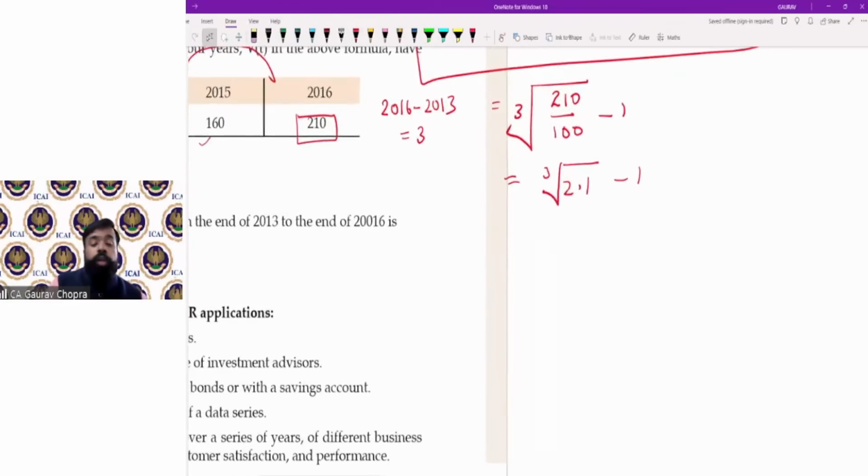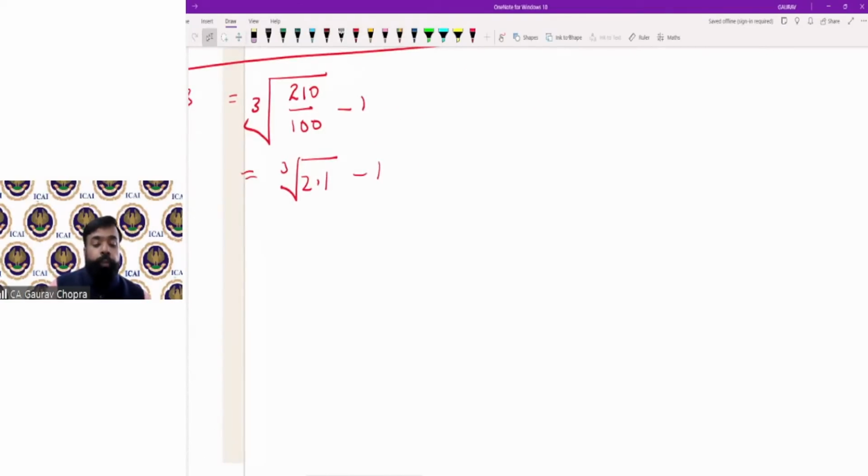Now, we have already discussed the trick for cubic roots. So let's discuss once again how to calculate the cube root on the calculator. The first step is write 2.1 on the calculator and press the square root button. How many times? 12 times. 12 times is fixed.